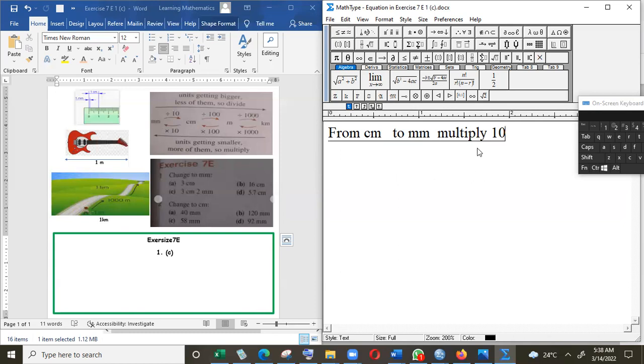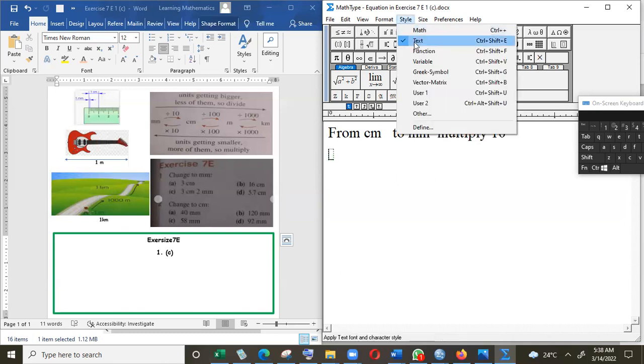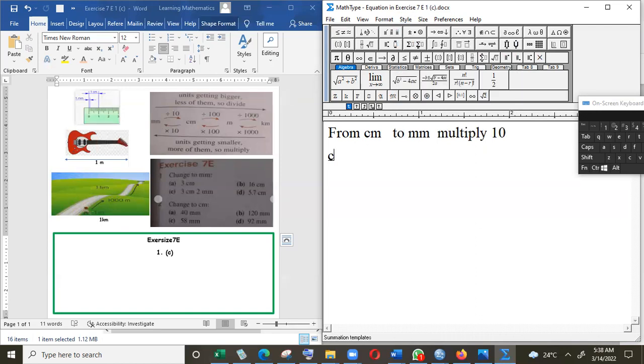Now, what do we have here? Write this down. We have 3 centimeters and we have 2 millimeters.